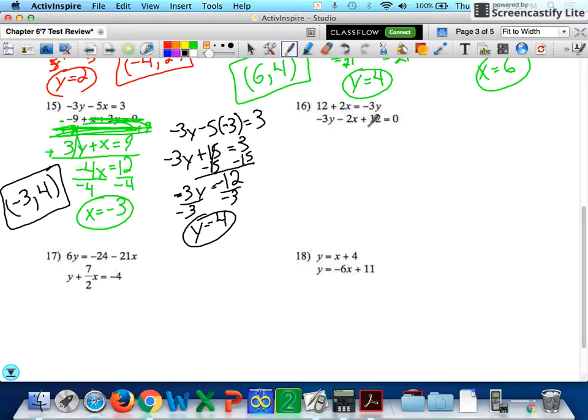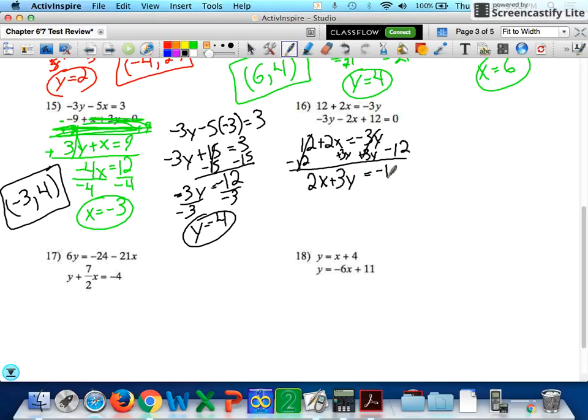If I want to line everything up, I'm used to them all being in standard form, okay? If I want to put this top one in standard form, I've got 12 plus 2x equals negative 3y. I would subtract 12 from both sides and add 3y to both sides. These are going to cancel out. This 2x plus 3y do not add together.